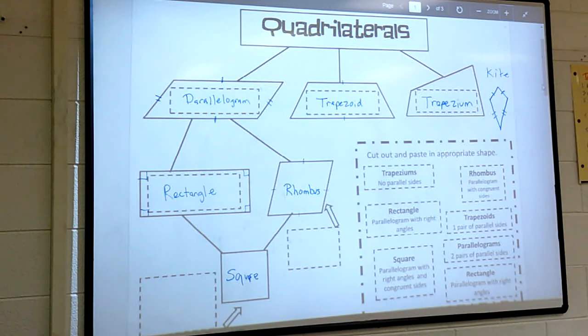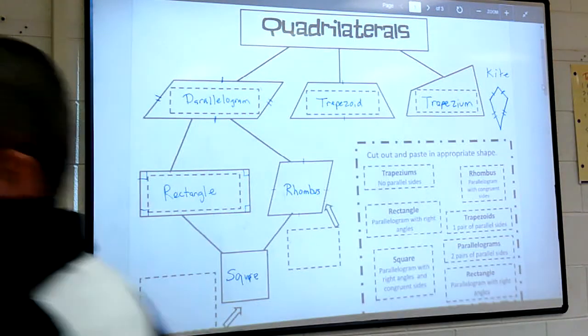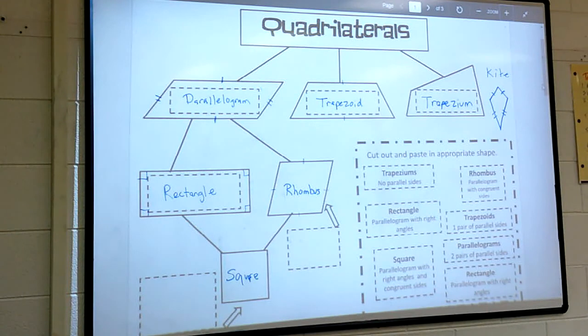If you just want to write that in on your quadrilateral sheet, you can draw in a picture of the kite. You'll paste those into the quadrilaterals, and that's just a little chart to remember as you're going through what each of them look like, and that will help you when you're doing the classifying quadrilaterals on the next worksheet. So that's your basic first part.